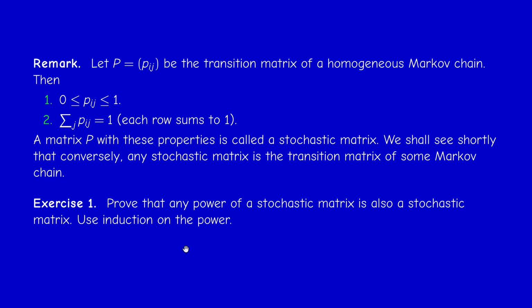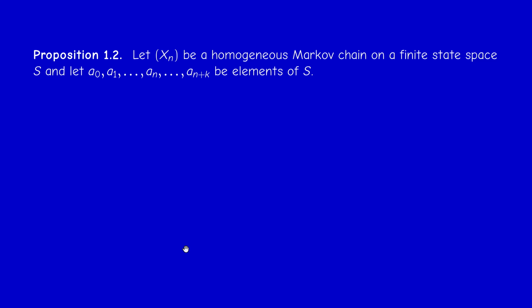Now, the next result is a reformulation of the property that the probability of the future given the past and the present is equal to the conditional probability of the future given the present. In the definition, you just took the future to be x_{n+1}, right? But we can prove a more general property.